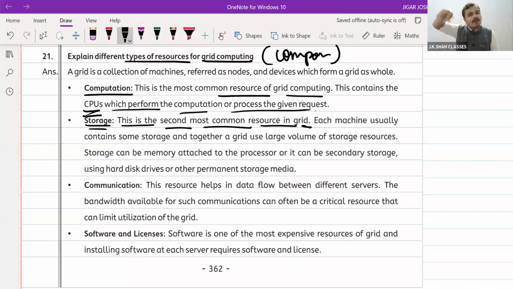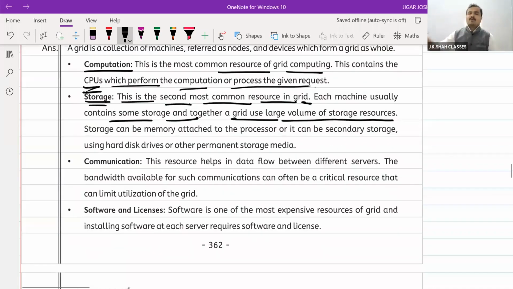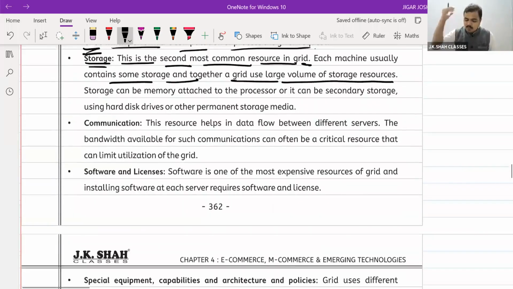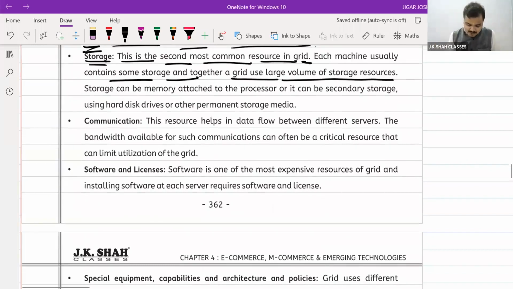Because if 1 lakh people are ready to give you their laptops, then in every laptop or desktop you will get some small storage also. Together, the grid uses a large volume of storage. Sir, you give us a very good tagline: keep on adding small, small to make it large.